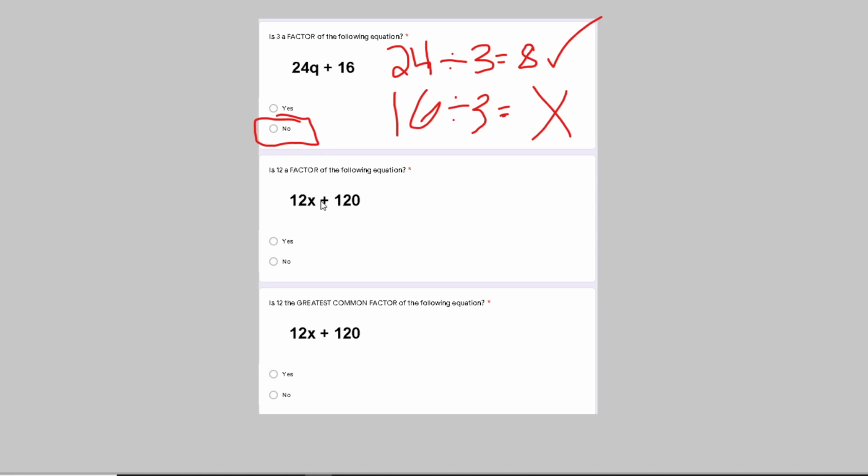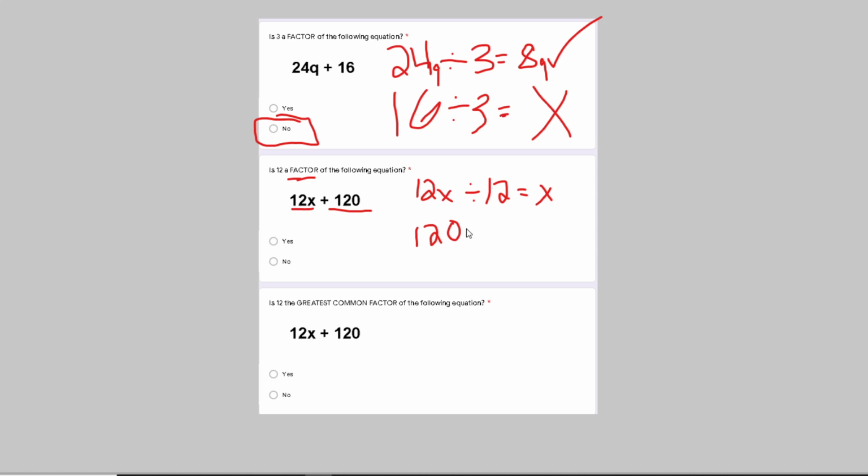Is 12 a factor of the following equation? Hopefully this one was easy. If you knew factor, it should have been. Do each of these divide by 12? 12x divided by 12 is just x. 120, so yeah, I should have put a Q up here.